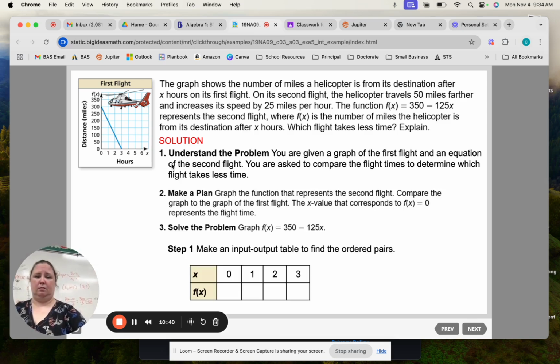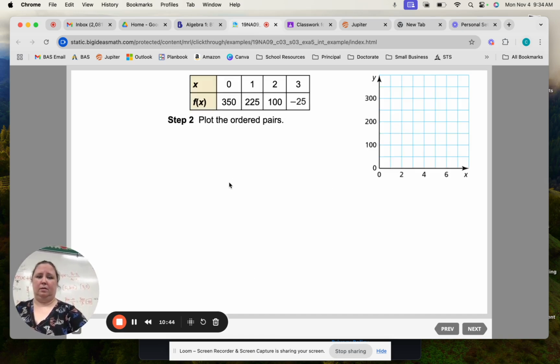Oh, they did an input-output table. Okay, so if we're going to graph their equation, it was 350 minus 125x, right? So where is my y-intercept? If I were to rearrange that, I would have f of x equals minus 125x plus 350, right?